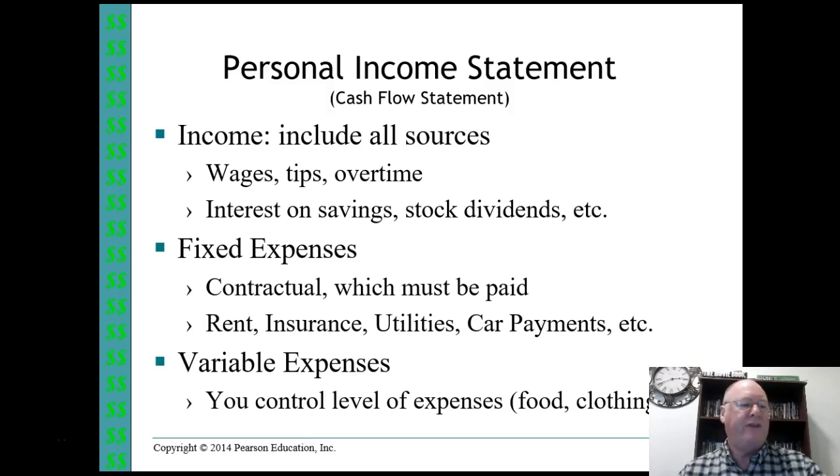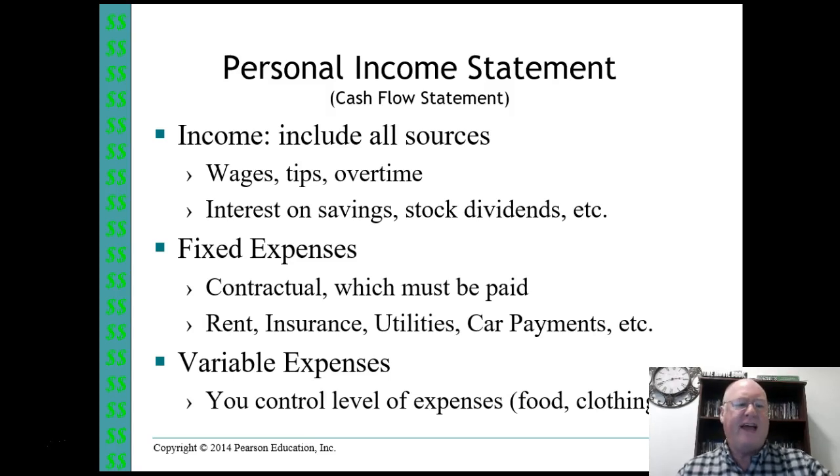There's also what's called variable expenses, which are expenses where you control the level of the expenses, such as your food and your clothing. You can't necessarily not eat, but you can choose what you spend your food money on, for example, eating out.